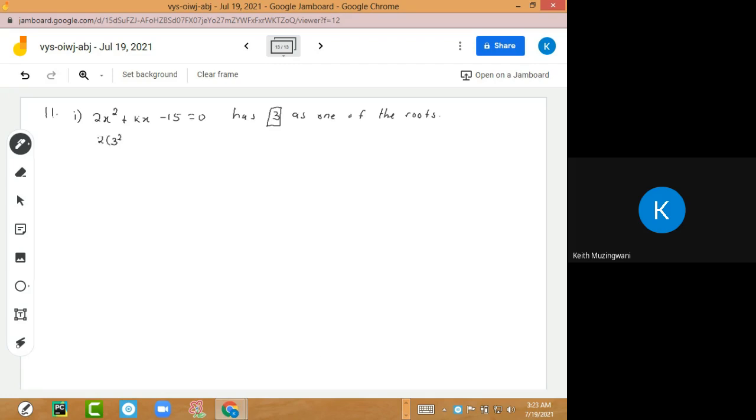So where there is x, you substitute 3. This must be satisfied. So we get 2 by 9, which is 18, minus 15 plus 3k is 0. So we get 3 plus 3k is equal to 0. This means 3k is equal to -3. Divide by 3, divide by 3. K is equal to -1.